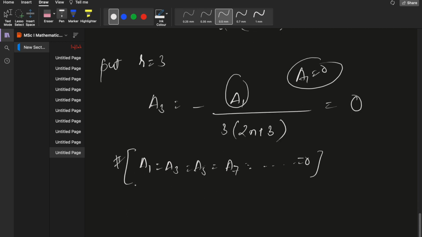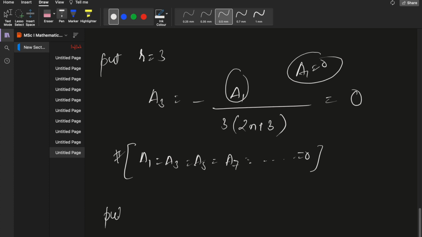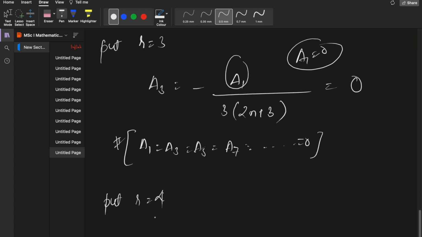Alright. Now a4, only when we put r equals 4.